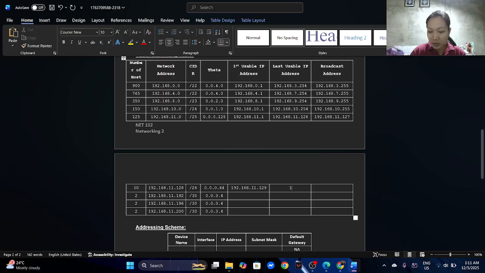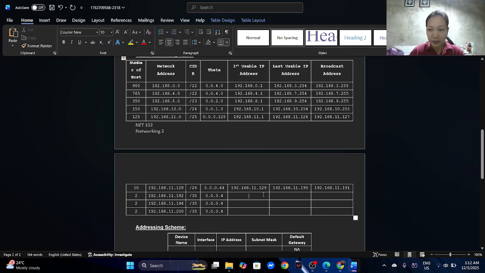The last usable address is 192.168.11.190, and broadcast address is 192.168.11.191.